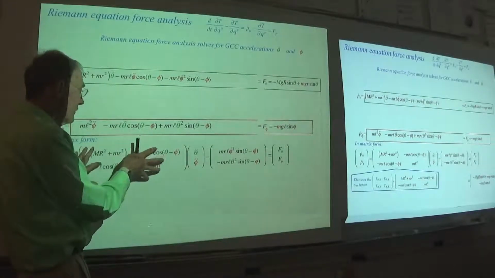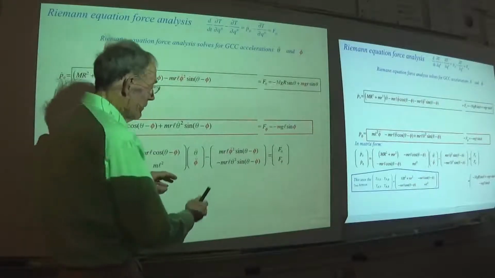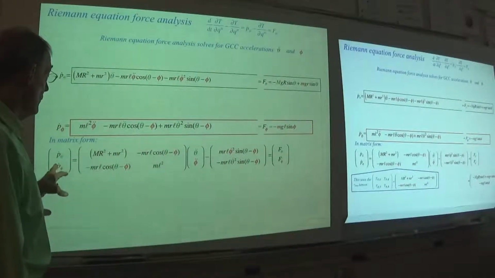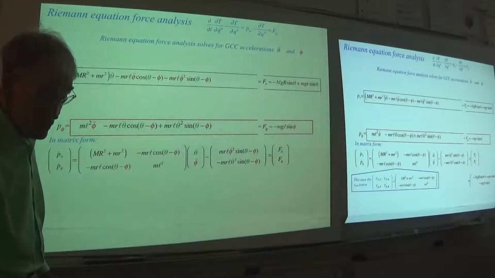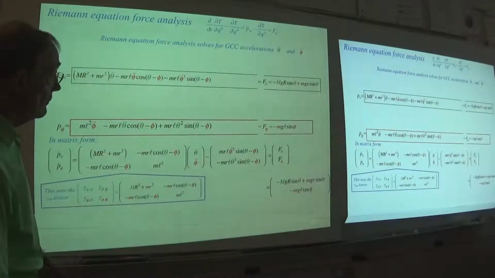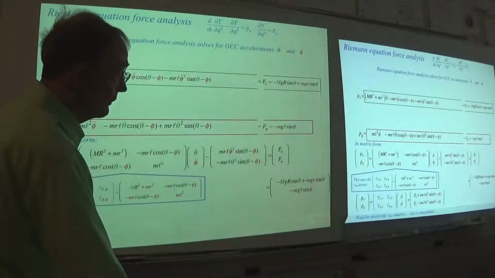That means I've got to take the inverse of this and multiply it by the two forces, driving and driven, and get a Riemann-like equation that has the double derivatives exposed, so to speak.